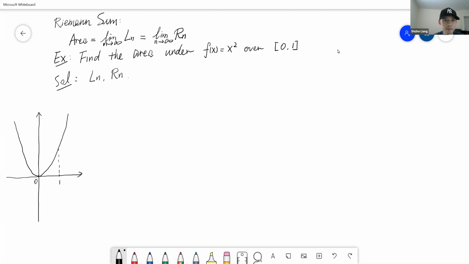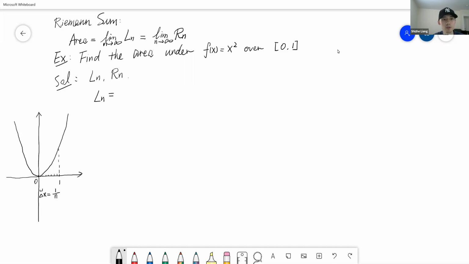All right. So what does the definition of Ln say? If we cut the interval 0 to 1 into n small pieces, then the width of each small piece is equal to delta x, of course, but in this case, we have 1 over n.